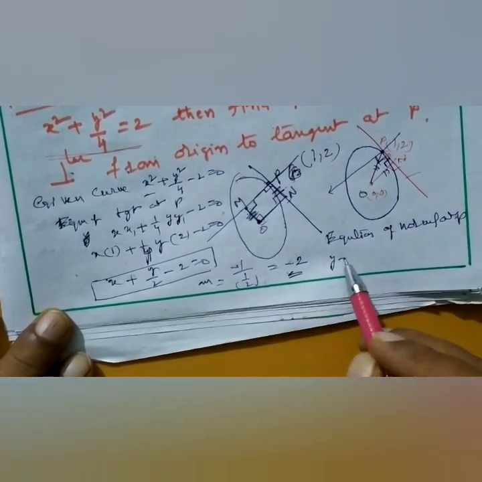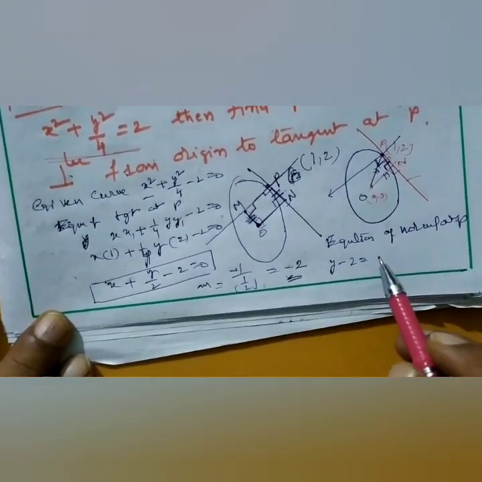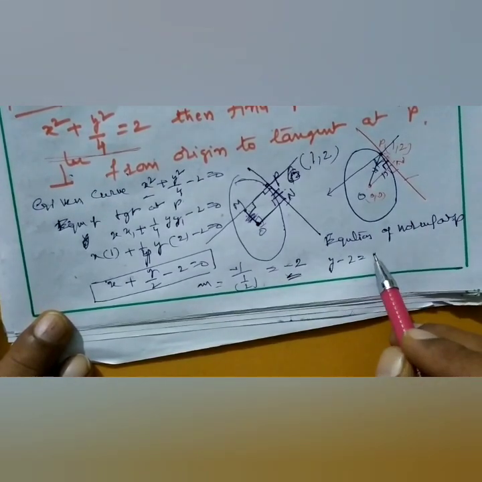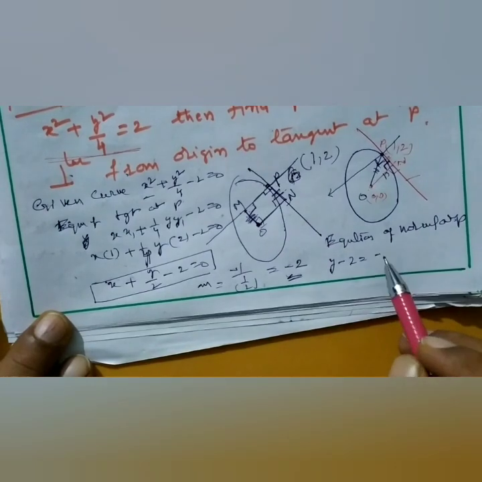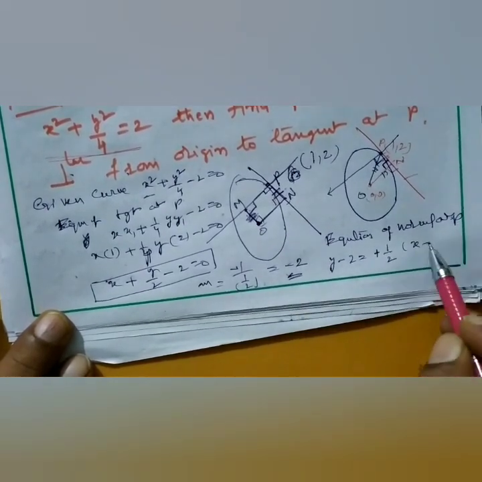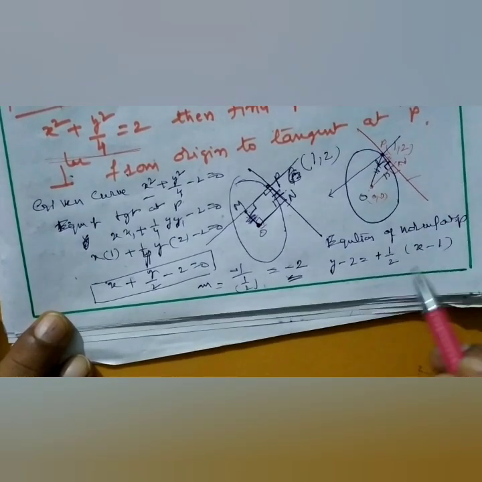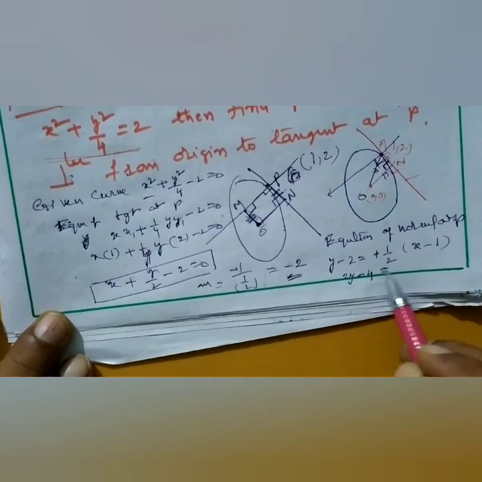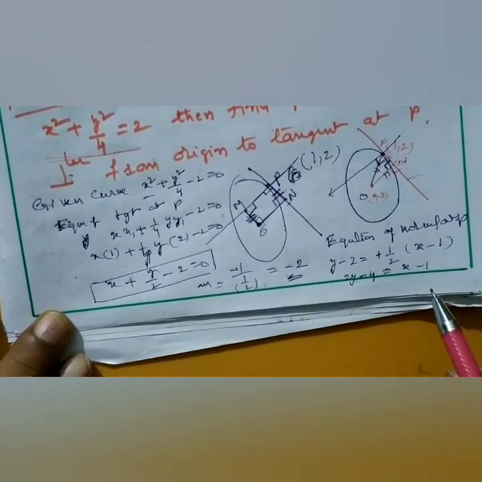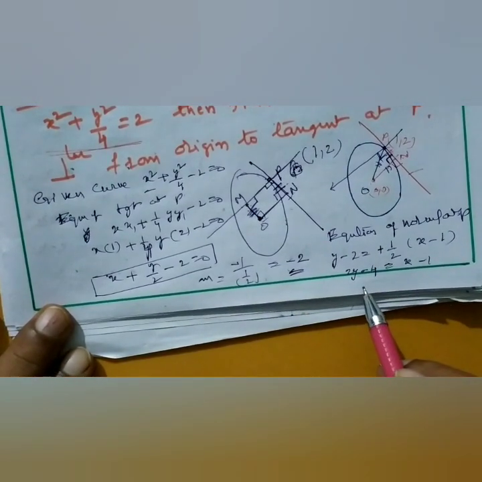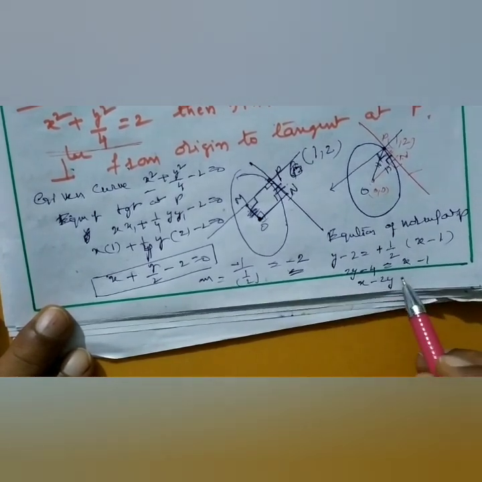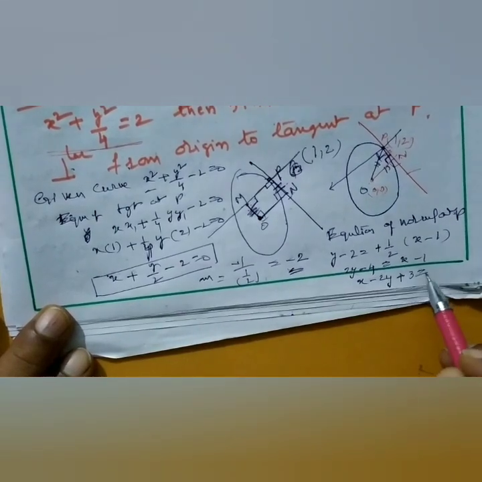So y minus y1 is equal to minus 1 by m, the perpendicular slope. Minus 1 by m means minus of minus, plus 1 by 2, into x minus x1. x1 means 1. So 2y minus 4 is equal to x minus 1, which gives x minus 2y plus 3 is equal to 0.